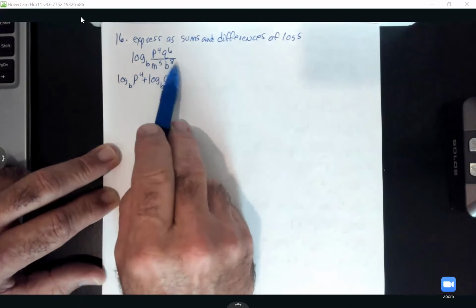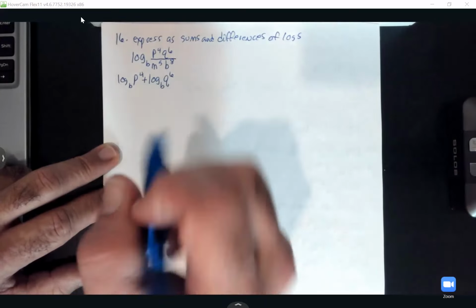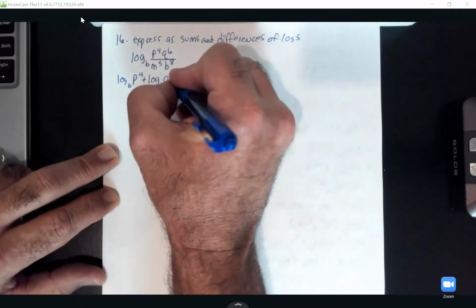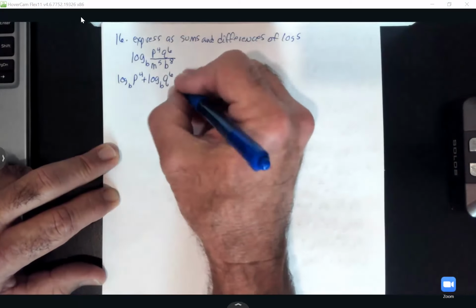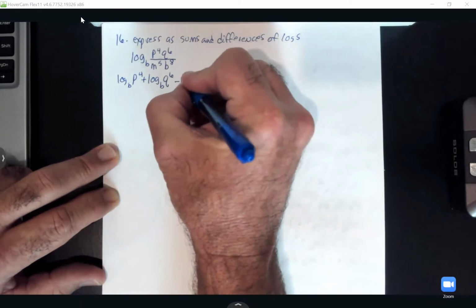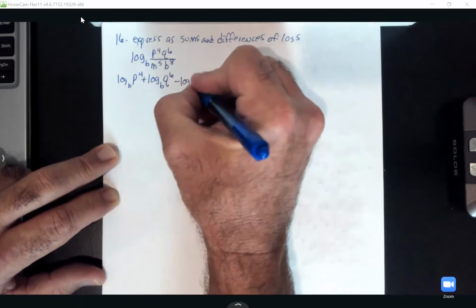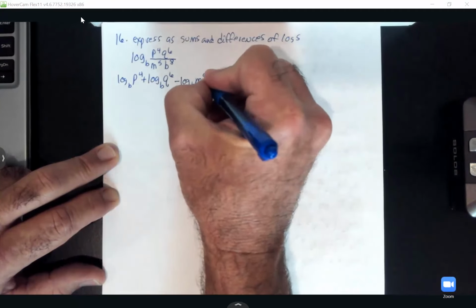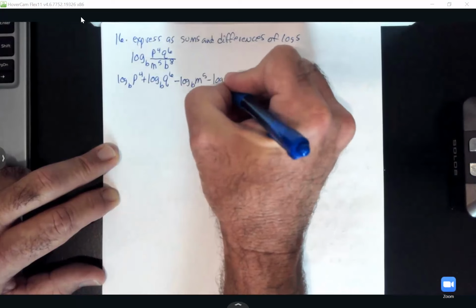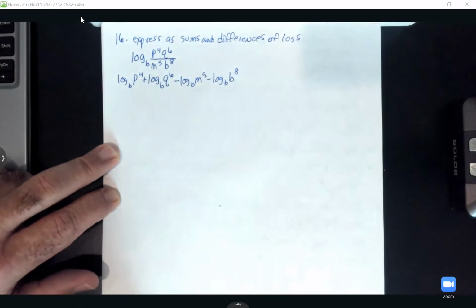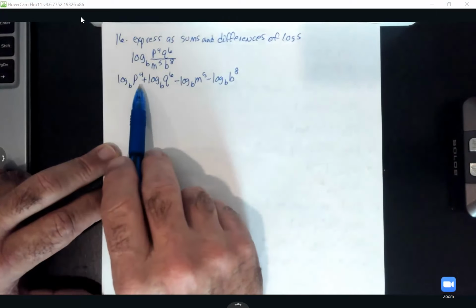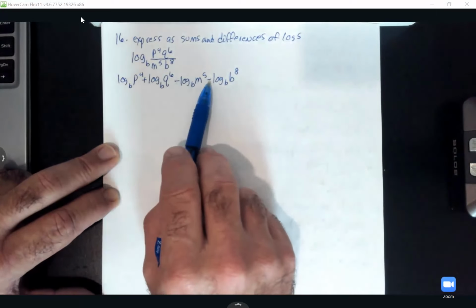Notice they're both positive. Now the bottom, both of those factors will be subtracted. So I'll have minus a log B of M to the fifth minus a log B of B to the eighth. So it's written as sums and differences.